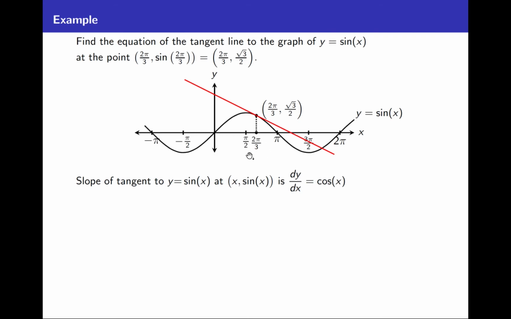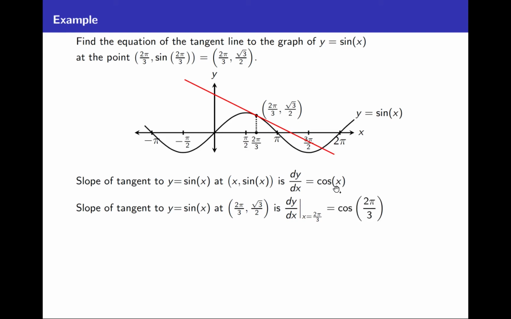We are interested in what happens at this explicit point right there, 2 pi over 3 for x. We are interested in the slope of the tangent line to the graph of y equals sine of x at the point x equals 2 pi over 3, y equals square root of 3 over 2. So that's the derivative dy dx evaluated at x equals 2 pi over 3. In other words, it's cosine of 2 pi over 3. That's cosine of 120 degrees.